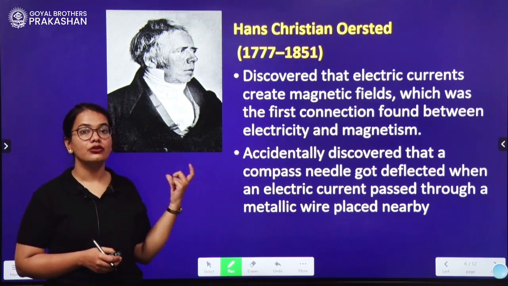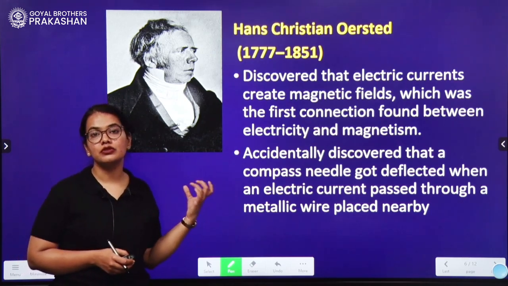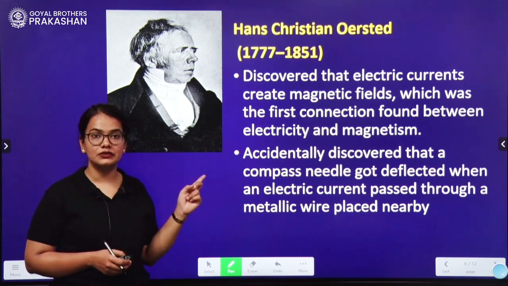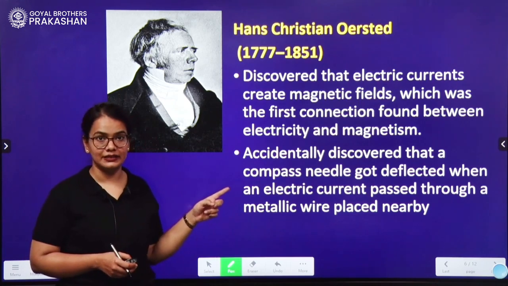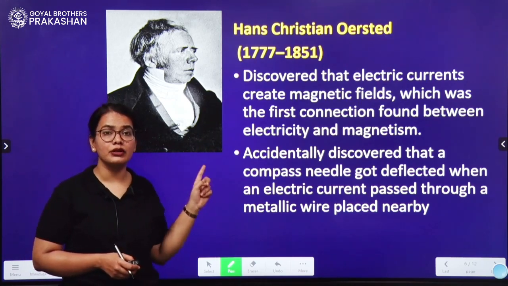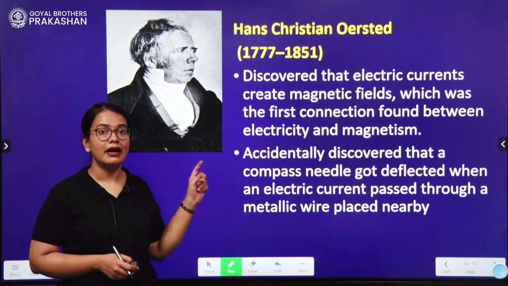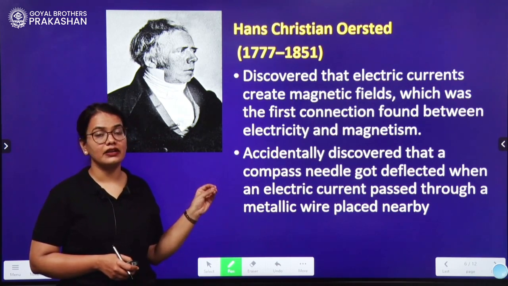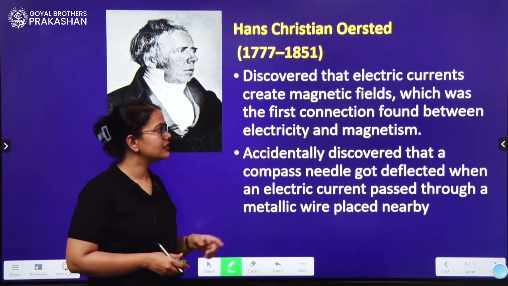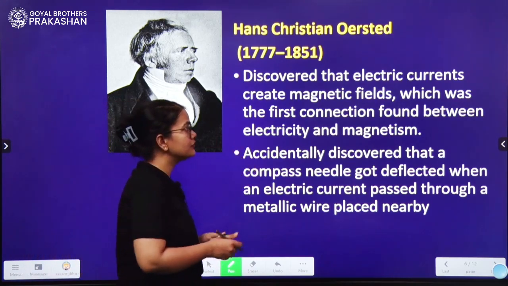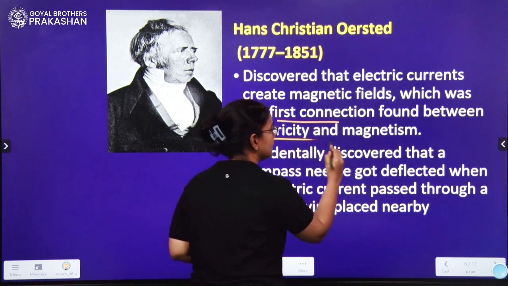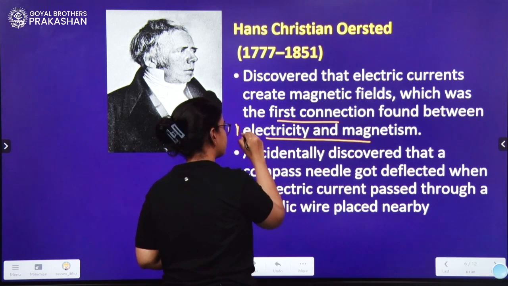That is why the experiment that you studied is sometimes also called Ørsted's experiment, because it was he who first discovered it, and that too accidentally. He accidentally discovered such a remarkable phenomenon of electromagnetism, or the magnetic effect of the current. He discovered that electric currents create a magnetic field, which was the first connection found between electricity and magnetism.